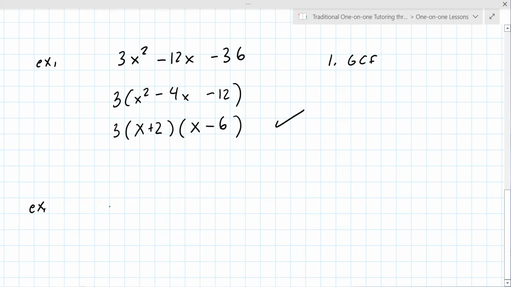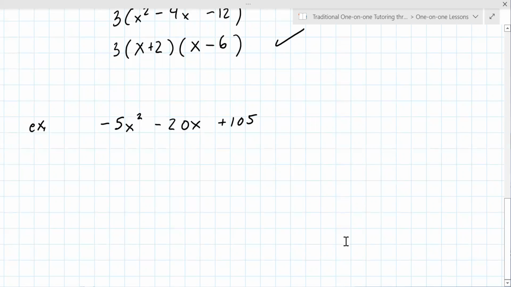So final problem here for you to try before we move on to something else. Let's go: minus 5x squared minus 20x plus 105. So you can factor out 5.